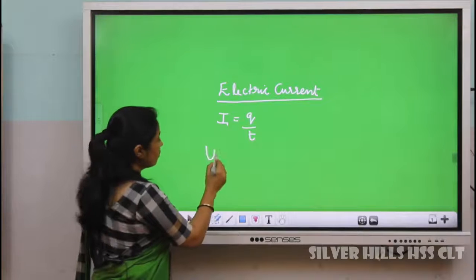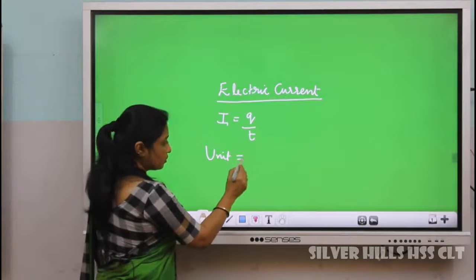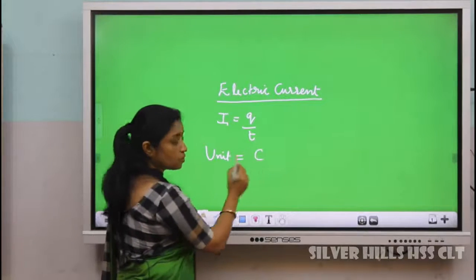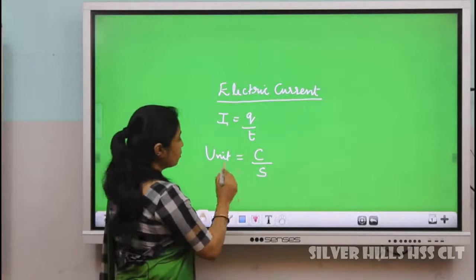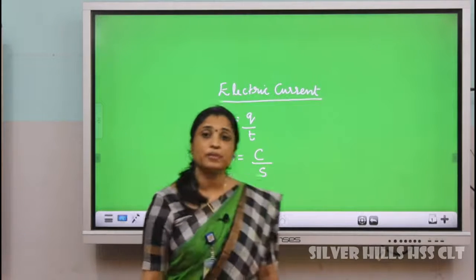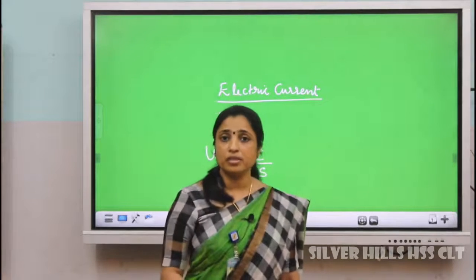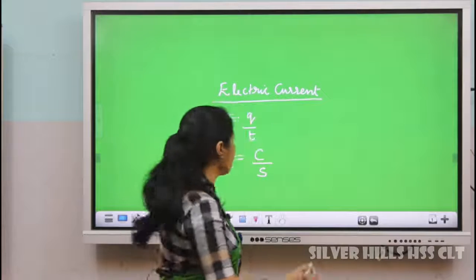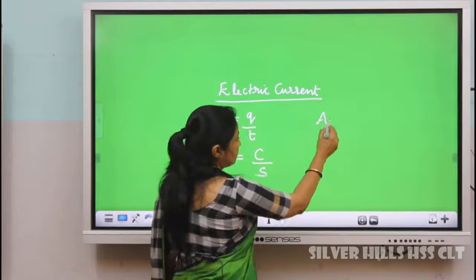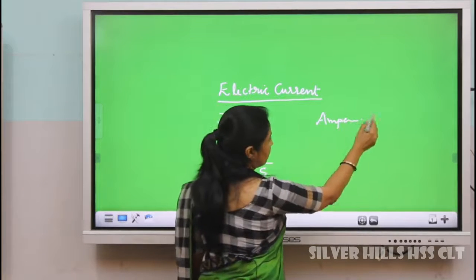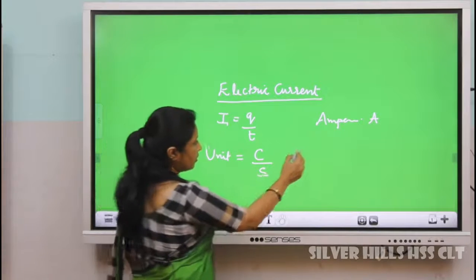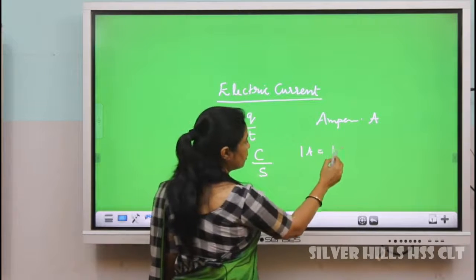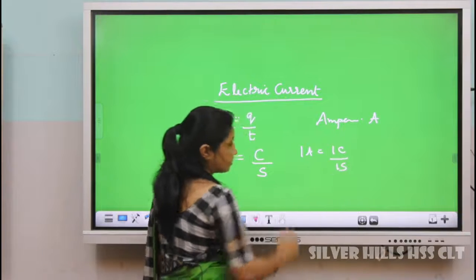So the unit of electric current will be equal to unit of charge, which is Coulomb, divided by unit of time, which is second. So the unit of current is Coulomb per second. Another unit, the SI unit of current, is ampere, which is denoted by the letter A. So from this equation you can see that 1 ampere is equal to 1 coulomb per second.